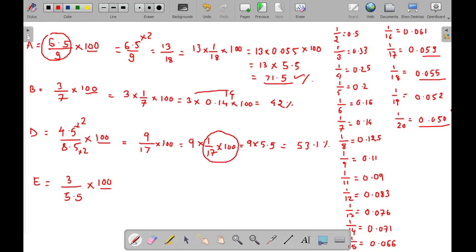Next, I'll convert this 5.5 by multiplying it by 2 on both numerator and denominator: 6 upon 11 into 100, which will be 6 into 1 upon 11. 1 upon 11 is 0.09, into 100 is 9. So 6 into 9 is 54%.